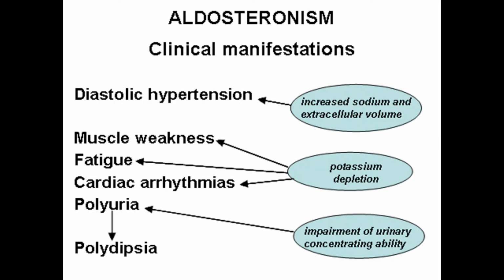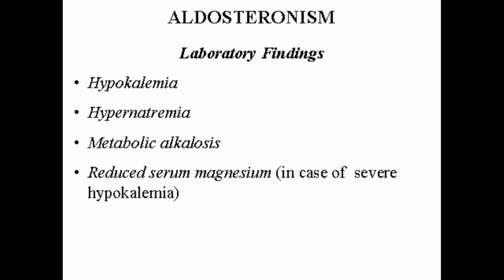You can see that diastolic hypertension is characteristic because of increased sodium and extracellular volume, muscle weakness, fatigue because of potassium depletion, cardiac arrhythmias occur very frequently, polyuria and polydipsia because of impairment of urinary concentrating ability.